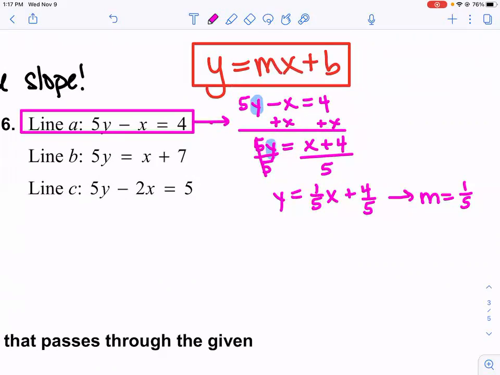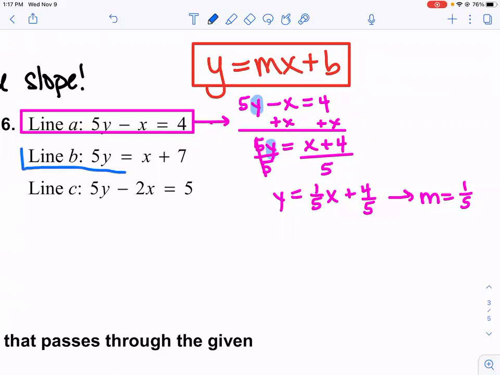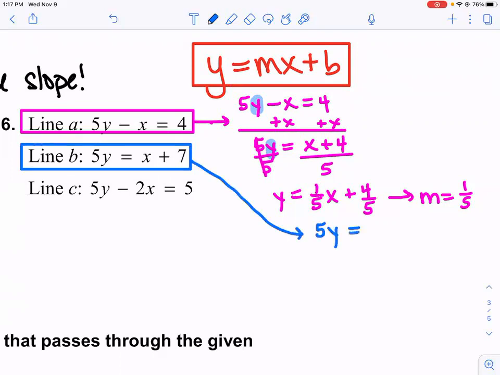That's fine. Let's come over here to line B. Line B is 5y equals x plus 7. Well, I sure do appreciate that x is over here. We really only have to do one thing, don't we? Divide.